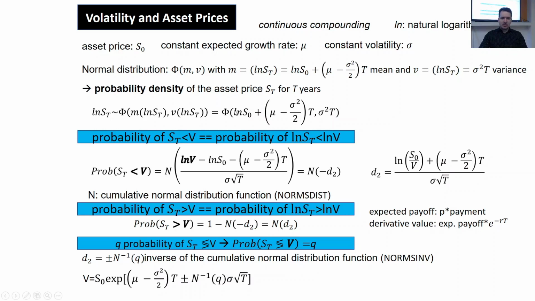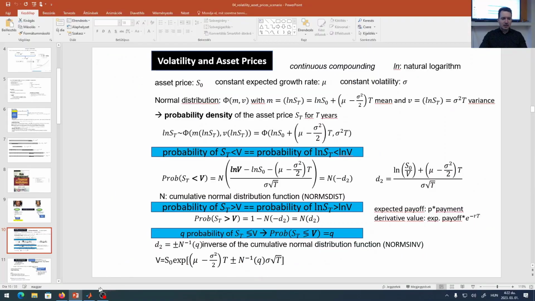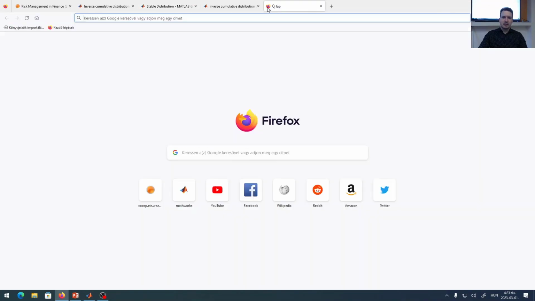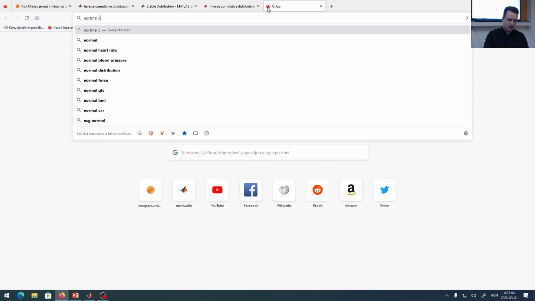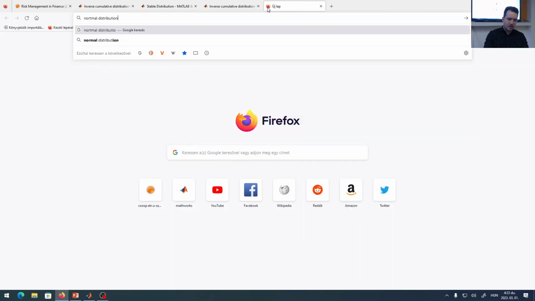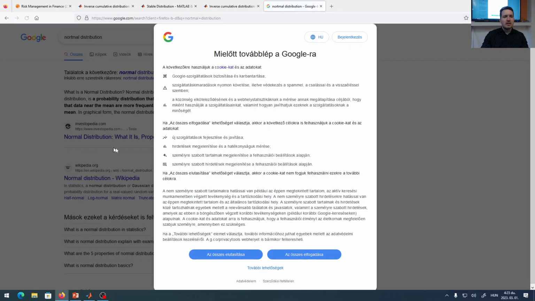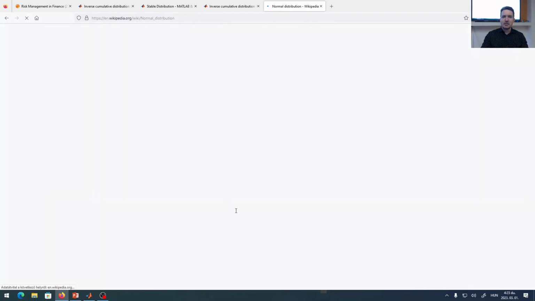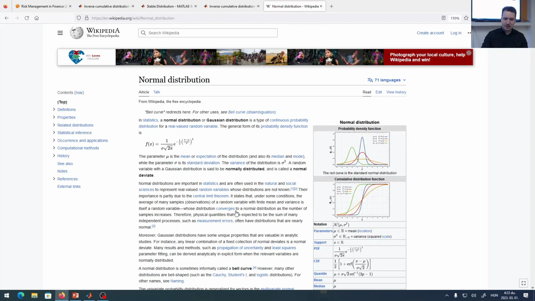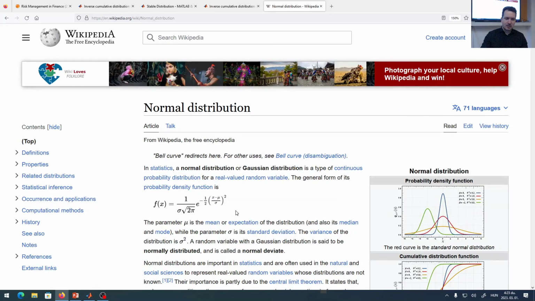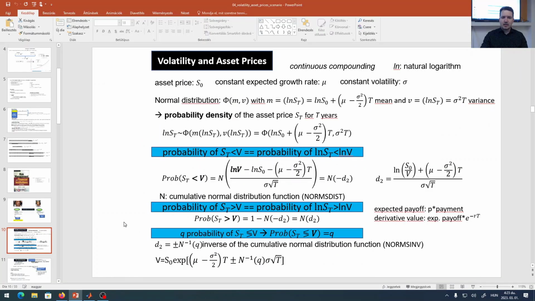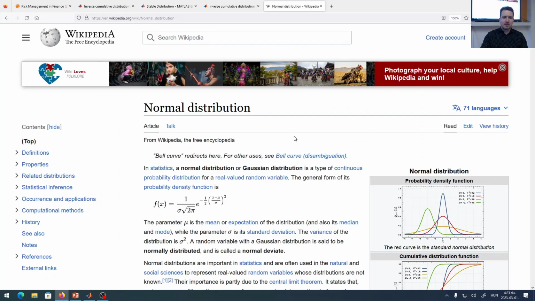Okay. If not clear, then we can still say, let's Google normal distribution, and the first finding at Wikipedia will give us the proper equation.